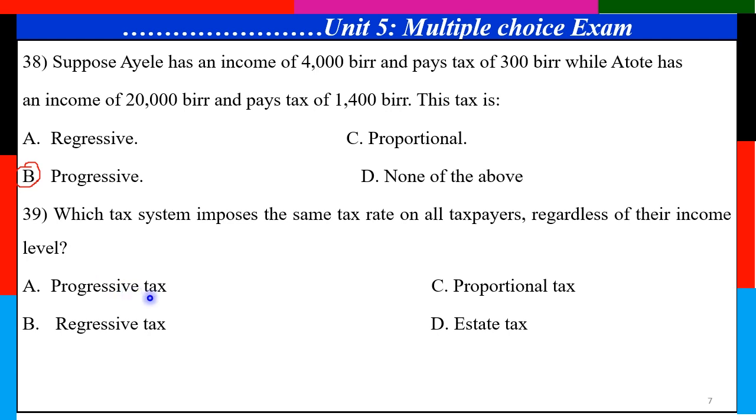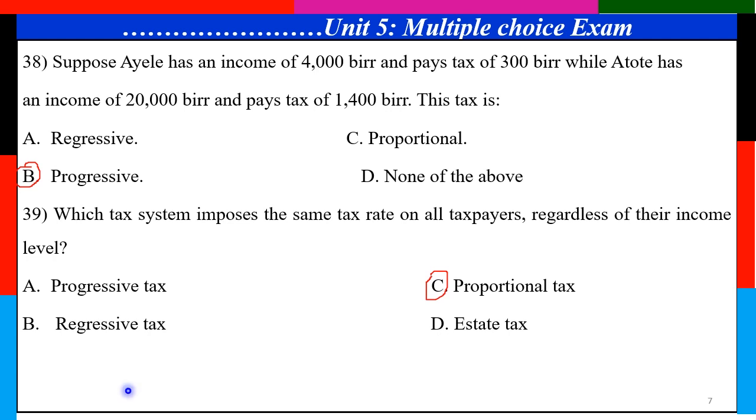A. Progressive tax, B. Regressive tax, C. Proportional tax, D. Estate tax. The correct answer for this question is choice C.